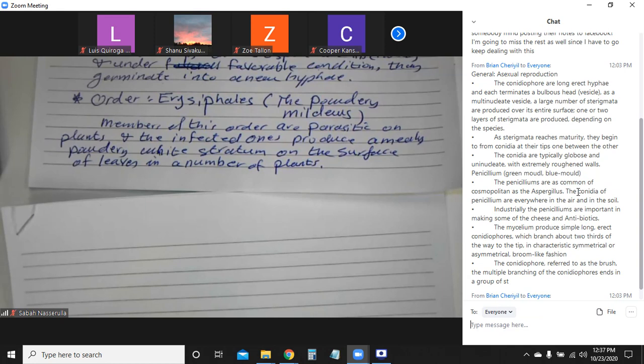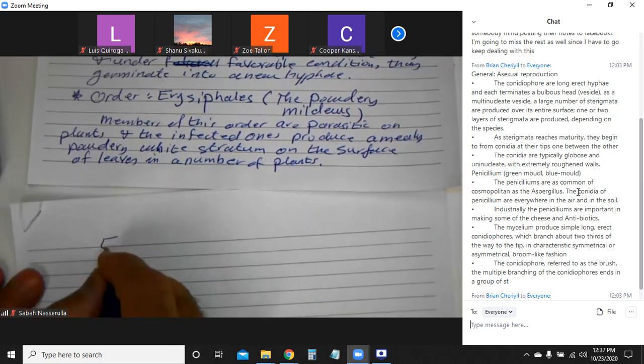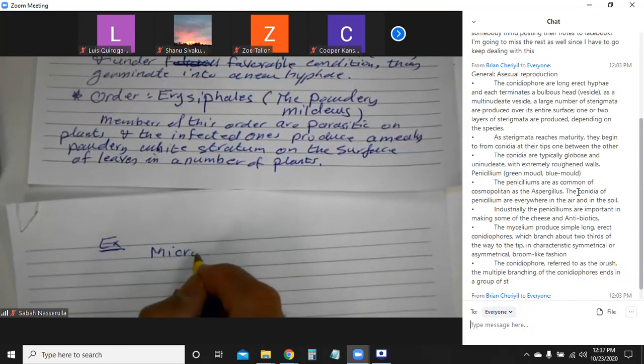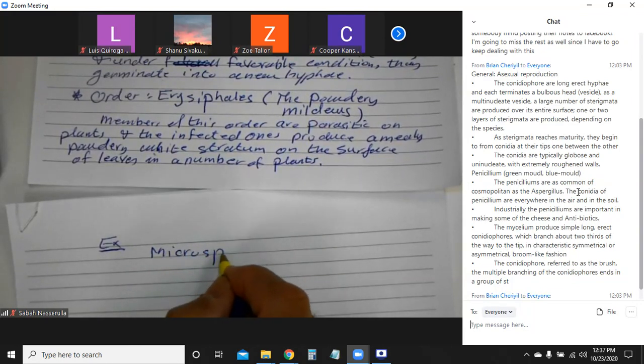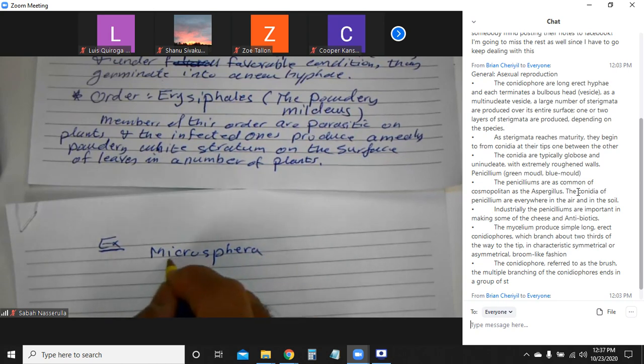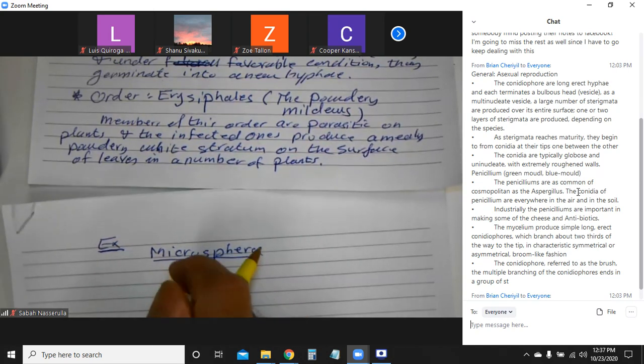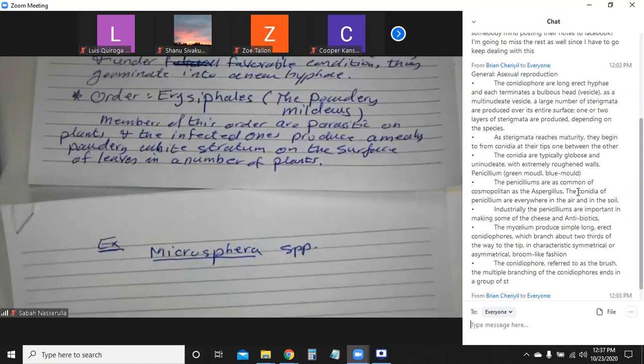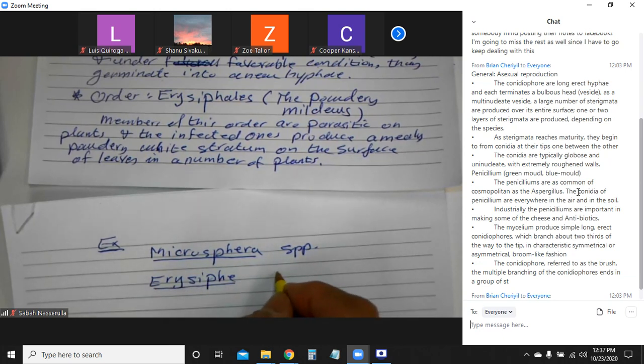There's a big difference within this order. Examples of the genus of this order are Microsphaera, because there are many species, and the other one known as Erysiphe.